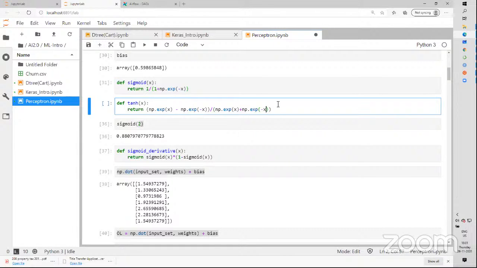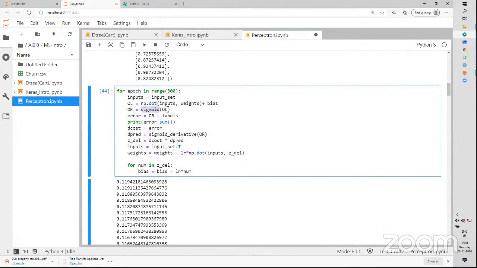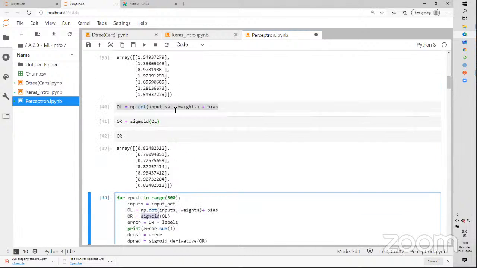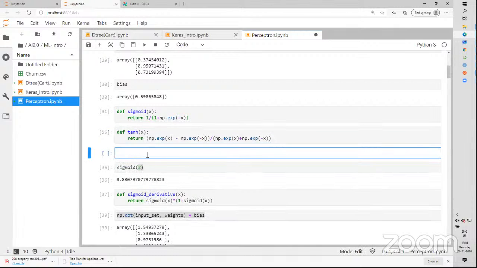So this is the tan h function. Now we need to replace the sigmoid of OL with tan h of OL. The summation function will remain the same. We need to replace this sigmoid with this newly created function, the tan h. Let's see how it works.